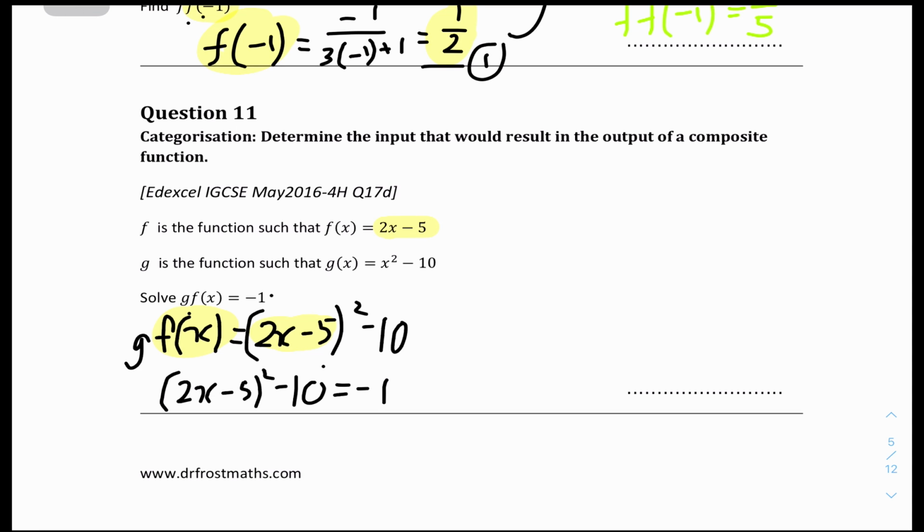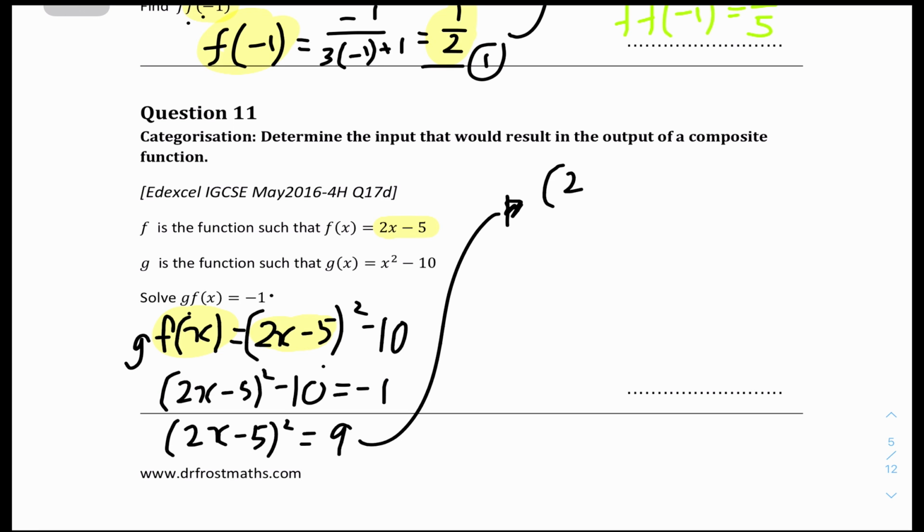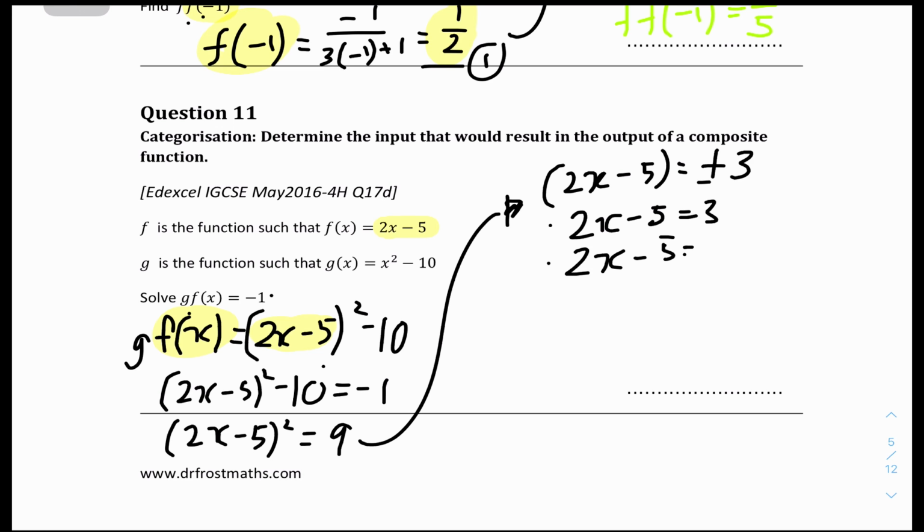There are two ways to do it. You can either expand the bracket and then simplify everything, or you can add 10 to both sides to get minus 1 plus 10 is 9. If you square root 9, you'll get 2x minus 5 equals plus and minus 3. That's something to remember, because if you square root a number, you get a plus and a minus. So there are two scenarios here. Number 1, 2x minus 5 equals 3, and 2x minus 5 equals minus 3.